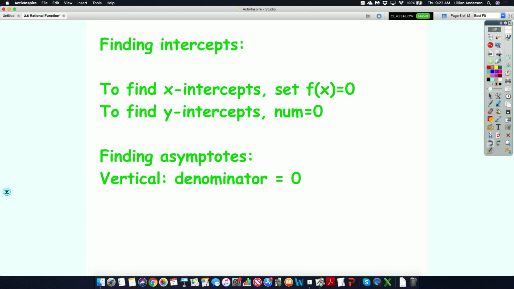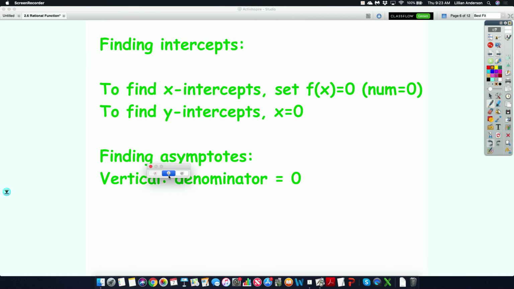Some more basic information. Hopefully you haven't forgotten how to find an x-intercept. Of course, you set y equal to 0, and then you solve for your x-intercepts. When you set any rational function equal to 0, basically the denominator cancels out, and you're just left with your numerator.